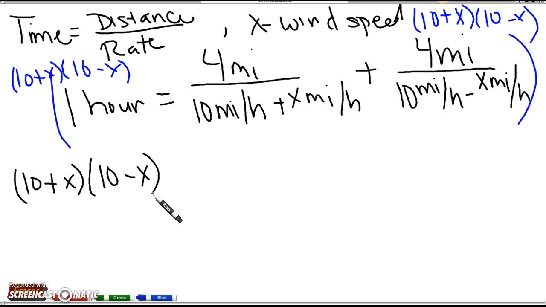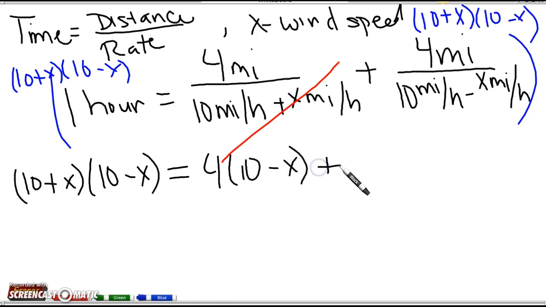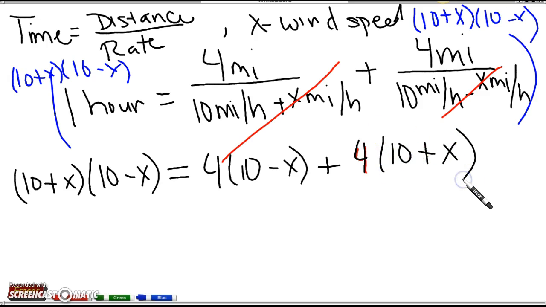Here, my 10 plus x would have crossed out, and I'll be left with just 4 miles times 10 minus x. And again here, the 10 minus x would have crossed out, and I would be left with 4 times 10 plus x. Does it matter which one I put before the other? Absolutely not.